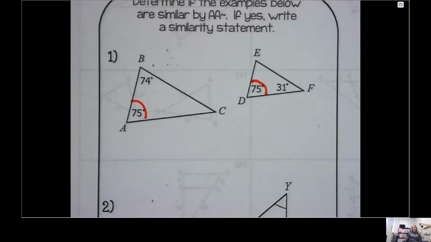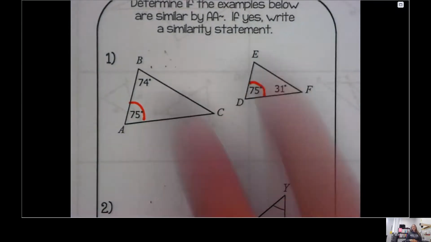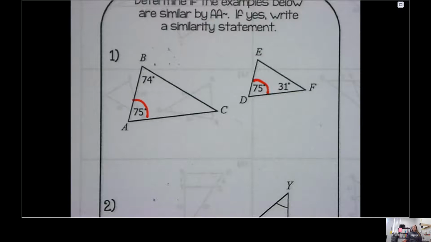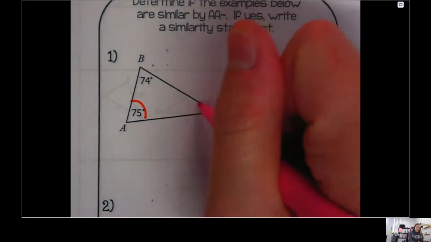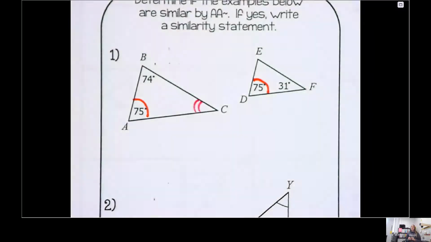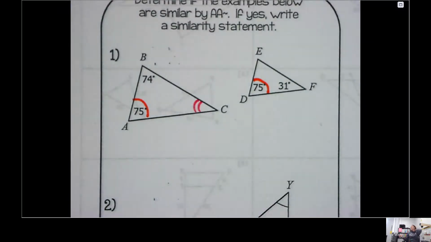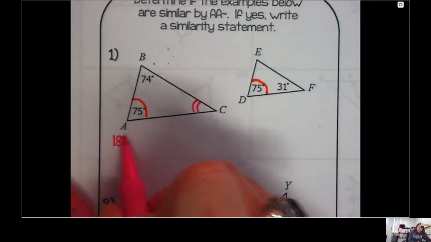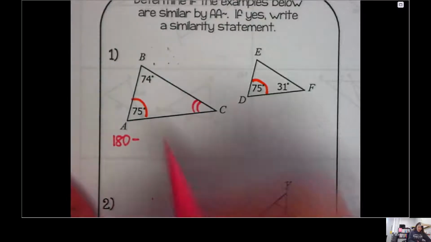Now I've got a little bit of an issue because I'm missing some angles in my picture. How do I figure out the missing angle? So how would I figure out angle C right here? They add up to 180, so what would I have to do to figure out what's left over? Good, so I'm going to take 180, and I'm going to subtract the 74 and 75 from it.